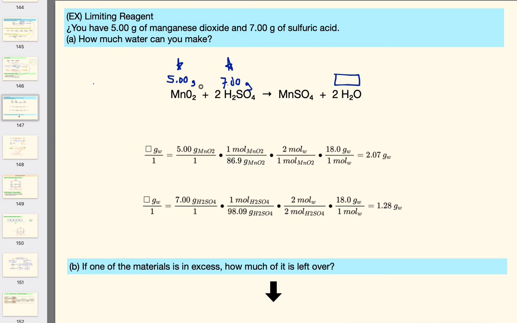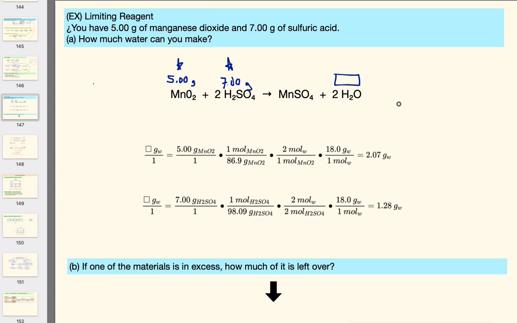What you want is this: the limiting reagent is the one that produces the least amount of product. When it says the thing that's in least supply, it means in least supply with respect to making the least amount of product. You have to calculate this to find out which is in least supply.